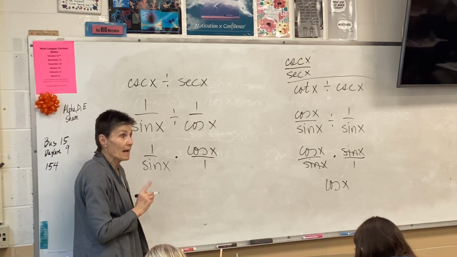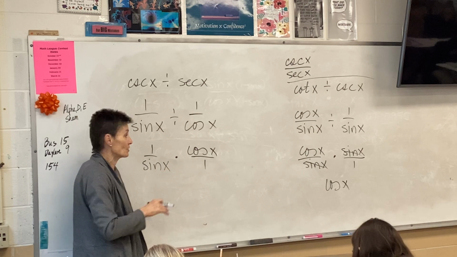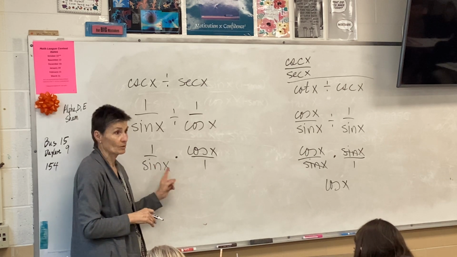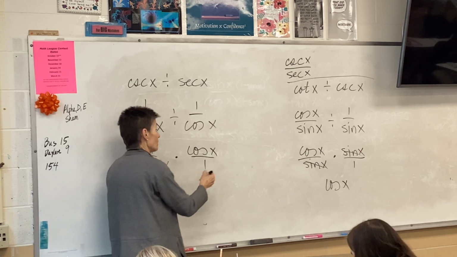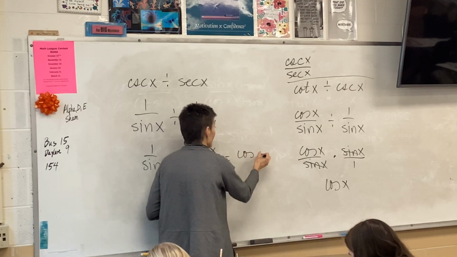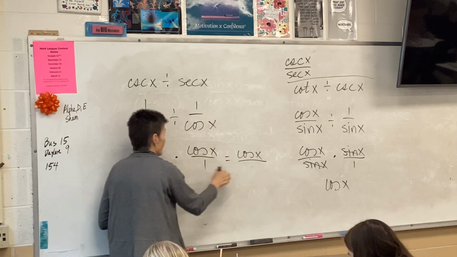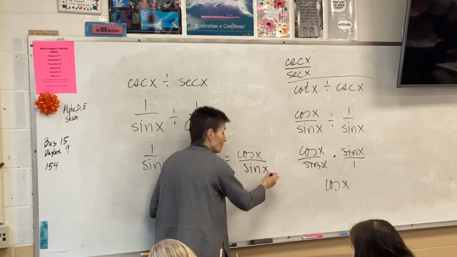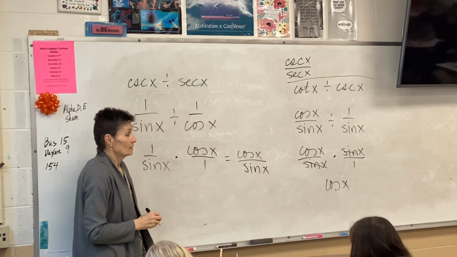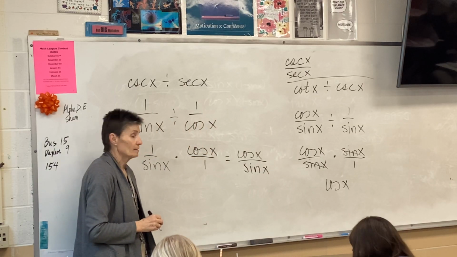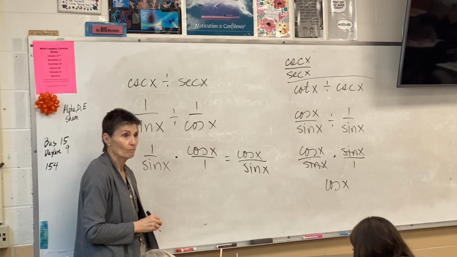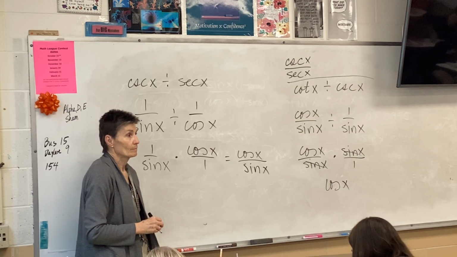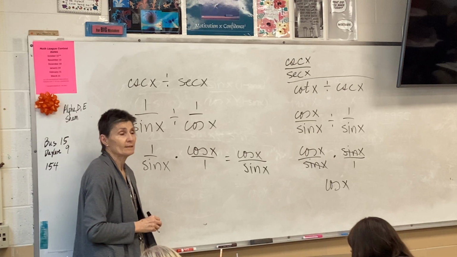Now in our last problem, stuff canceled. I don't think anything's going to cancel here. So I am just going to be left with a cosine on the top and a sine on the bottom. Would you agree with that? What is cosine over sine? I invited you to write this on your sheet.